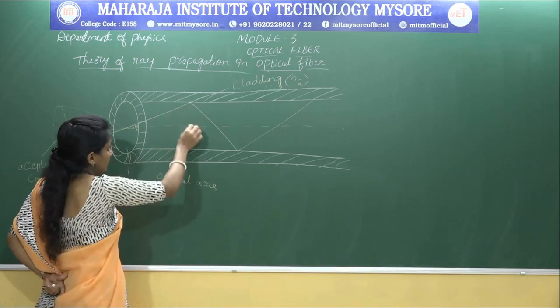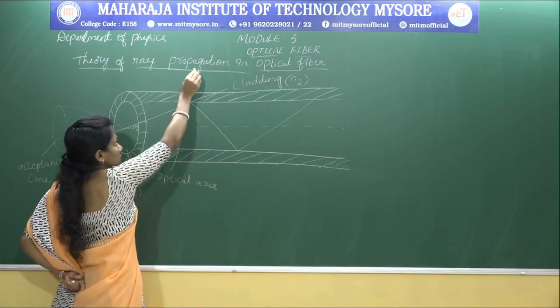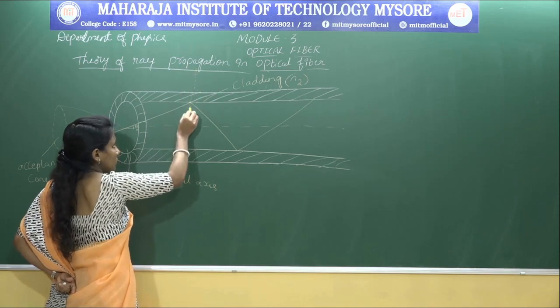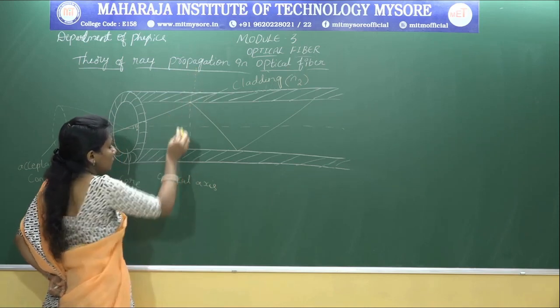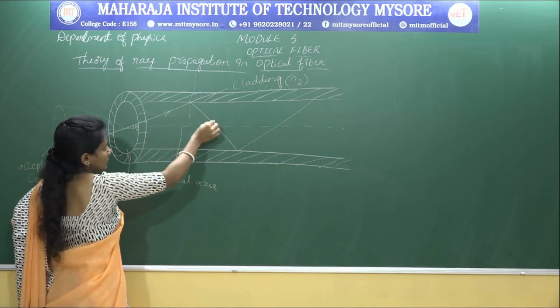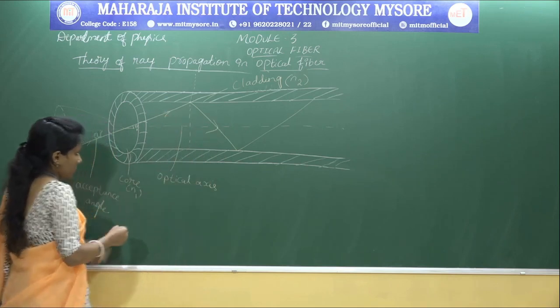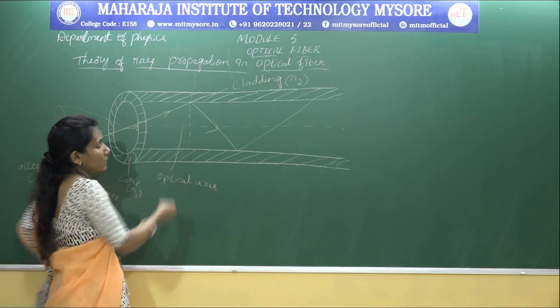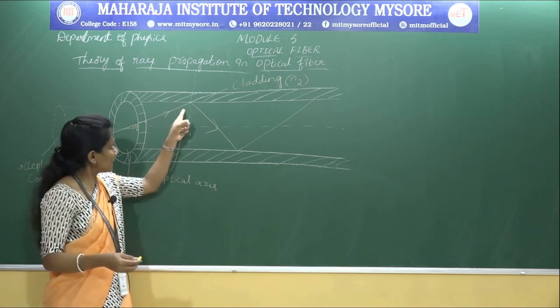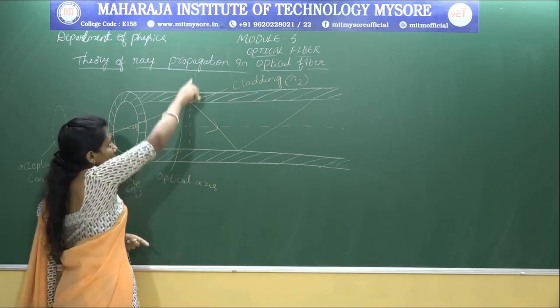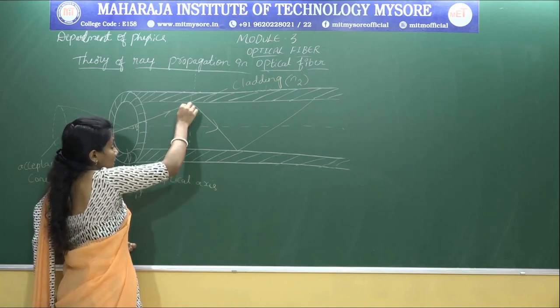And the ray of light which is here normal to the normal line, it is reflecting here. Then what is the ray of light that will enter inside the optical fiber with the normal line?